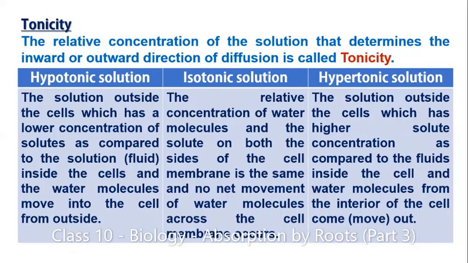Tonicity is the relative concentration of the solution that determines the inward or outward direction of diffusion, whether the water molecules will diffuse out of the cell or into the cell.